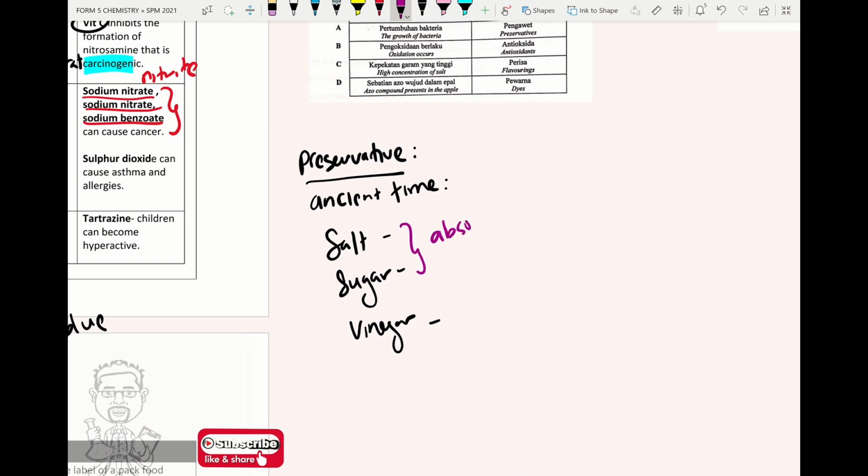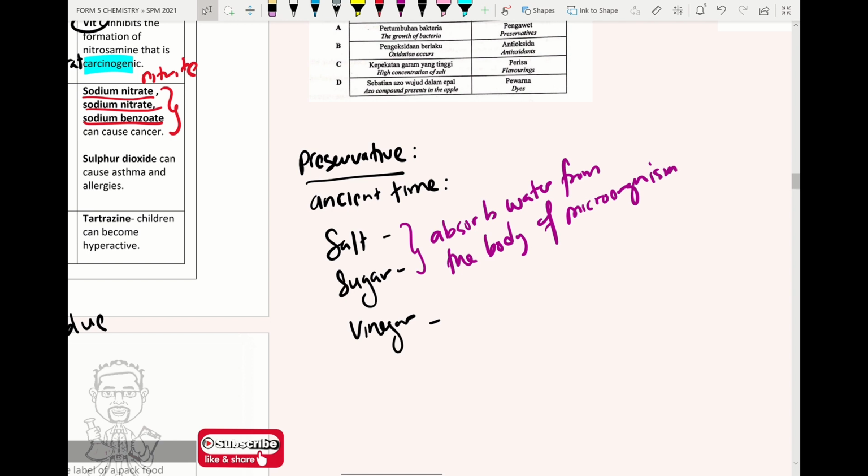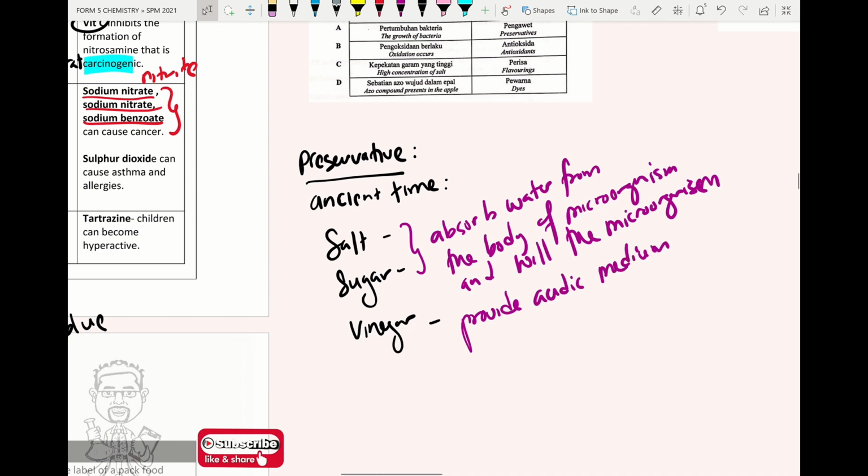They absorb water from the body of the microorganism and kill it. Please remember all this. Next one, vinegar. Why is vinegar used as a preservative? It provides an acidic medium and kills the microorganism.